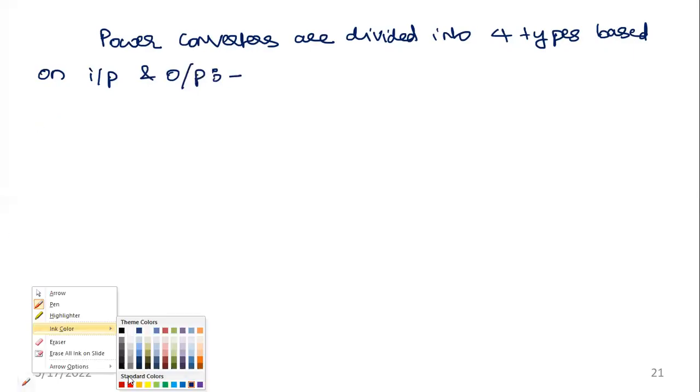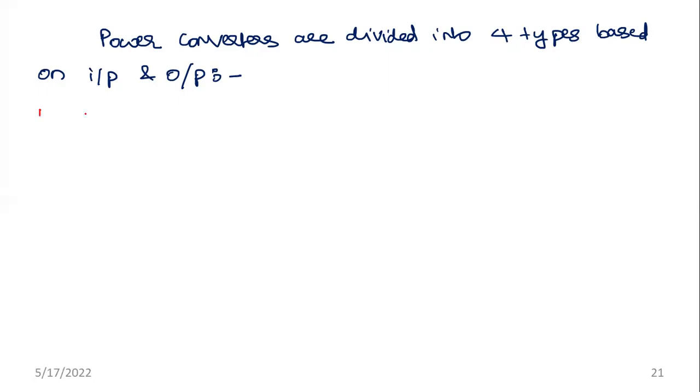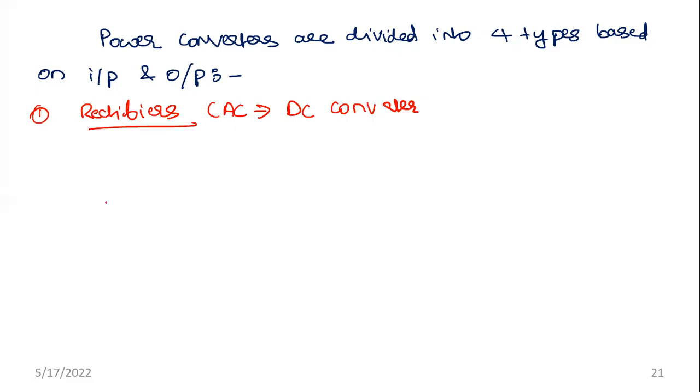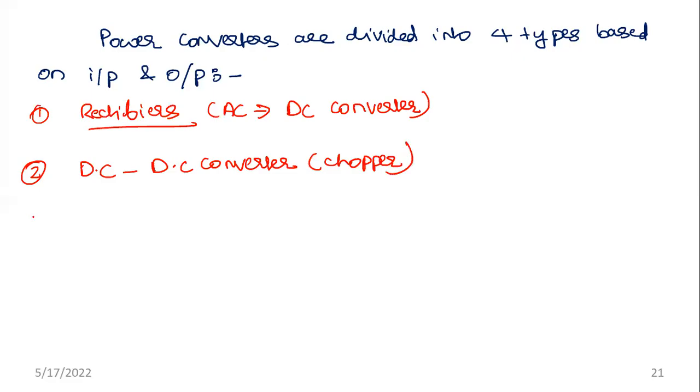The first one is something you have already studied, that is rectifiers. Rectifiers mean AC to DC converters. So the AC to DC power electronic converter is the rectifier. The second one is the DC to DC converter. We call them choppers. We'll study in detail in the second module.